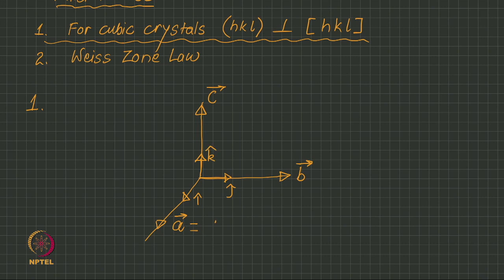then a is simply a times i, b is simply a times j. This is the simplicity of cubic, that although the vector b is at 90 degree to a, the length of that vector is same as that of the vector in the x direction. So, a, b and c are equal for cubic.